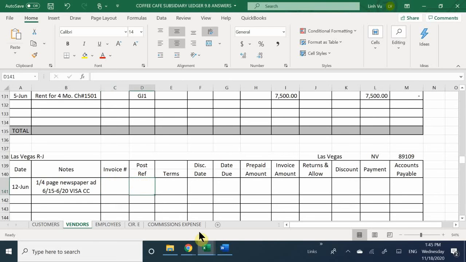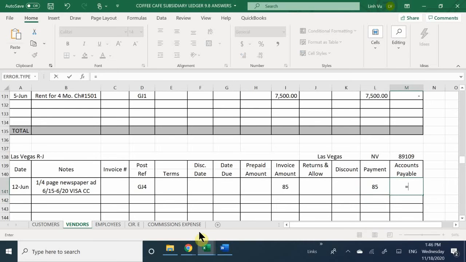My post reference is going to be General Journal Number 4. Of course, when you're running an ad, you're not going to get a discount. So my invoice amount is going to be for $85. And because a credit card acts as if you paid them that very same day, and I've indicated that I paid with my Visa credit card, the amount that I owe to the Las Vegas RJ is going to reflect as 0.